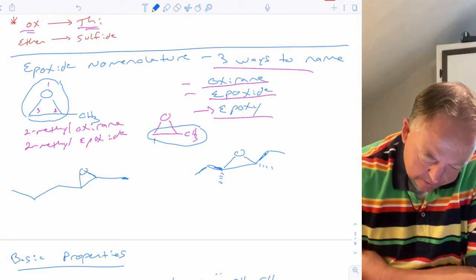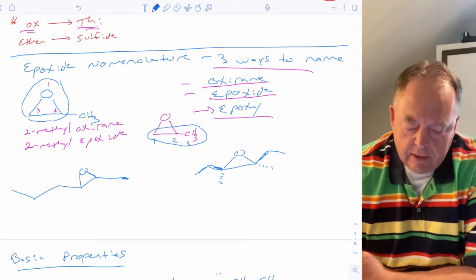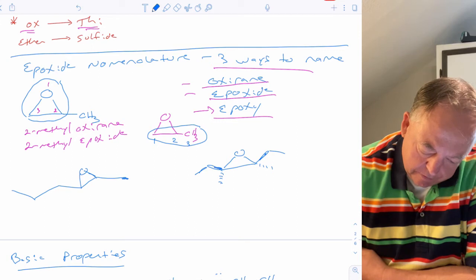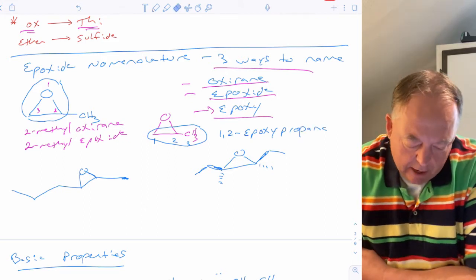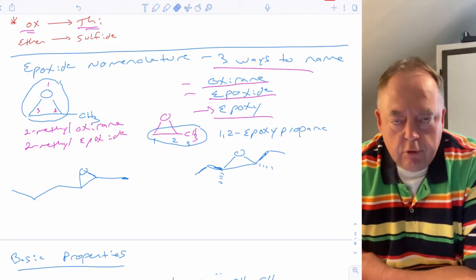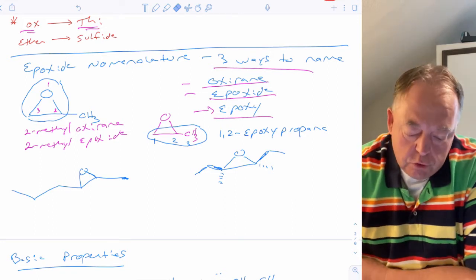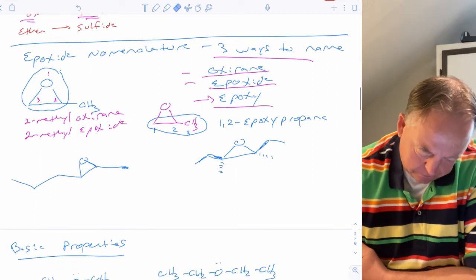So in this case, that would be carbon 1, 2, and 3, so that would be a propane. So you could name this as 1,2-epoxypropane. Right, so the epoxide oxygen bridges carbon 1 and 2, so that would be 1,2-epoxypropane.